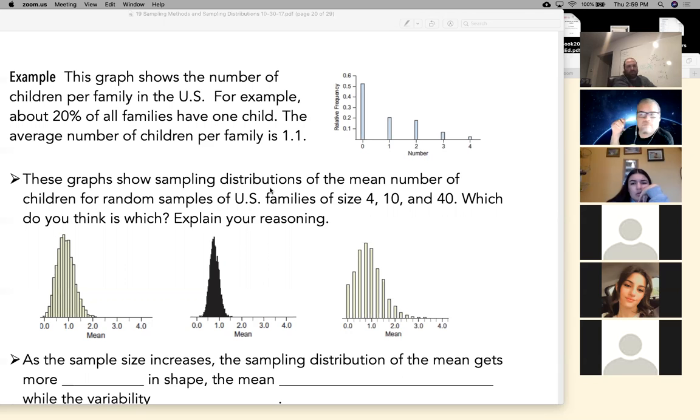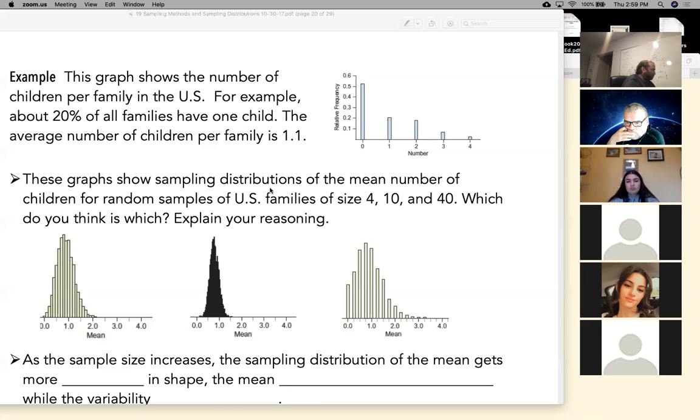Now, these graphs show sampling distributions of the mean number of children for random families in the United States of size 4, 10, and 40. Which do you think is which?